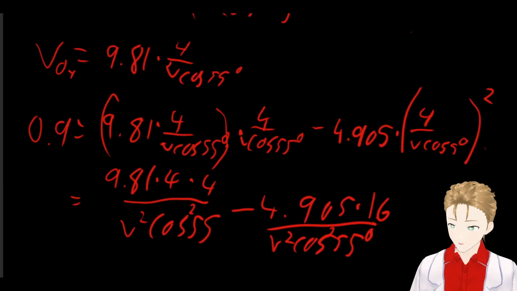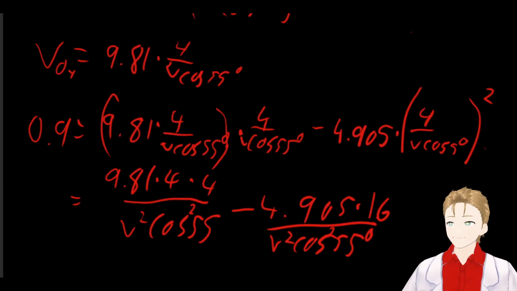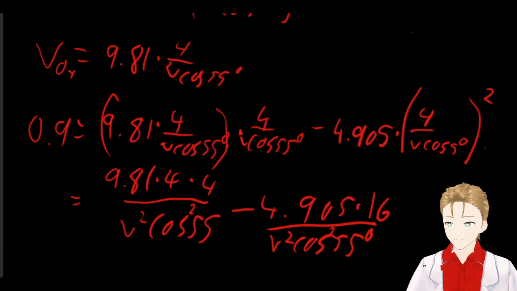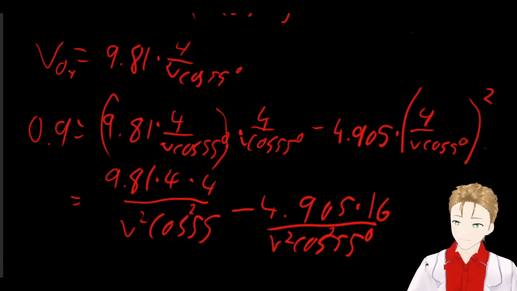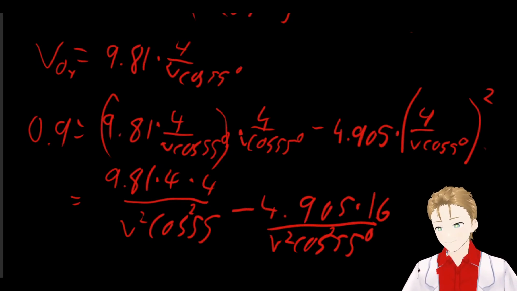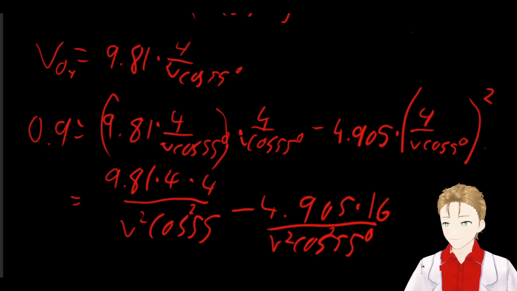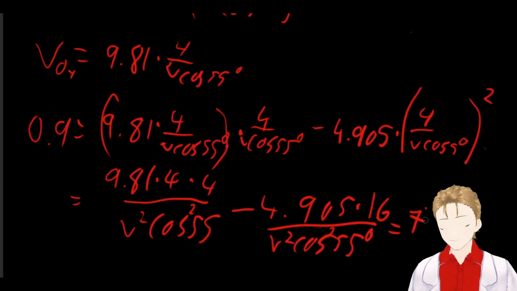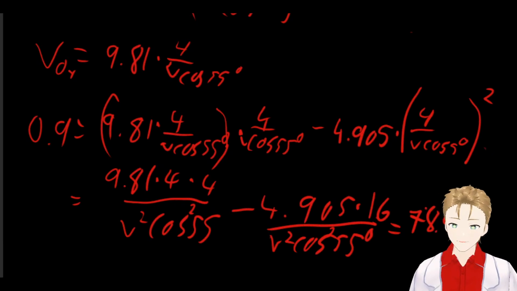Okay, maybe this will make something new. 9.81 then 4. Minus. Wait. Nah, whatever. 4.905 times 16. 78.48. How about that?